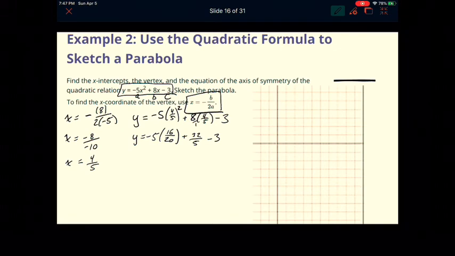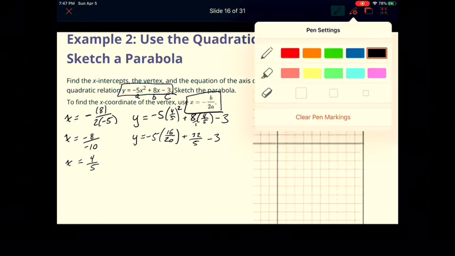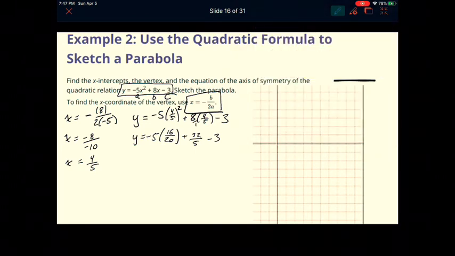Now our textbook has moved us into decimals, so I think I'm going to follow their example. But remember, in this case, I'm doing negative 5 divided by 1 times 16 over 20. I can cancel these out because I can divide both the 20 and the 5 by 5, and I end up with a 1 on the top and a 1 on the bottom.